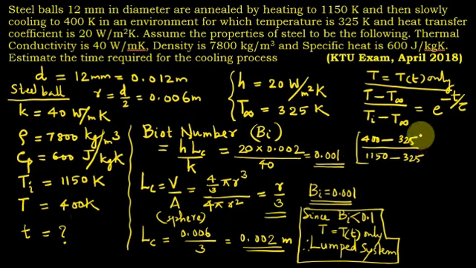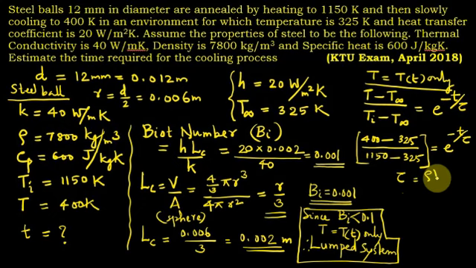So we'll get a ratio, and that is equal to e raised to minus t divided by tau. What is this tau? Tau is equal to rho V Cp by hA. The unit is second. Rho V Cp by hA.